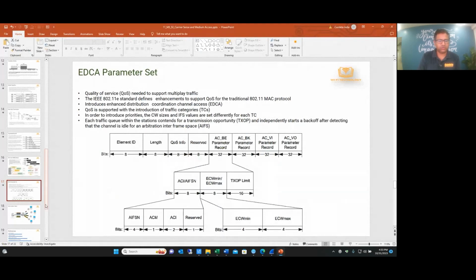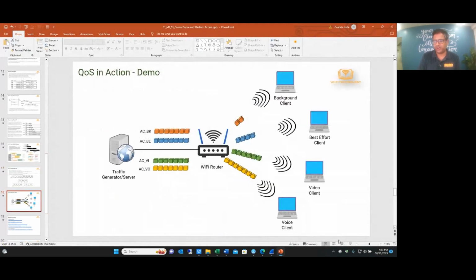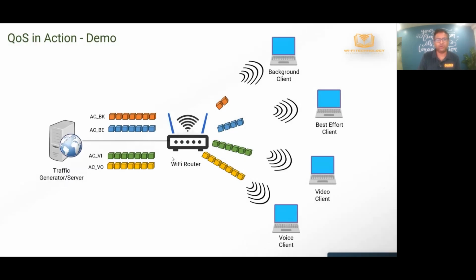So now I wanted to show you a quick demo or a simple example of how this QoS works. What I have here is a small demo where I'm using a Wi-Fi router in our lab, and there is a traffic generator on the wired network that is representing the internet, and this traffic generator source is actually sending different types of traffic, right?